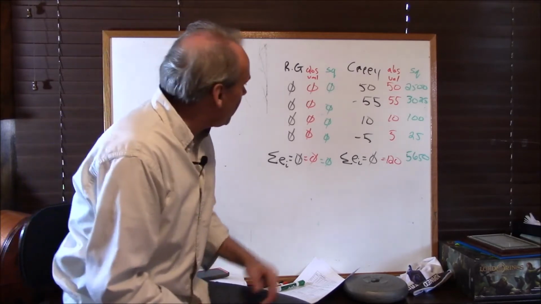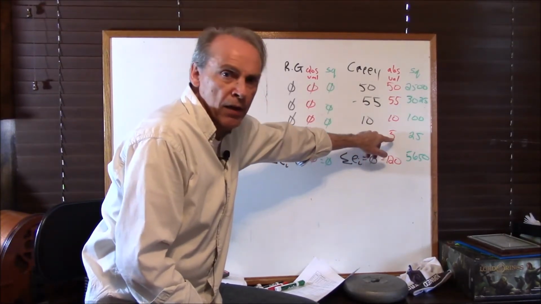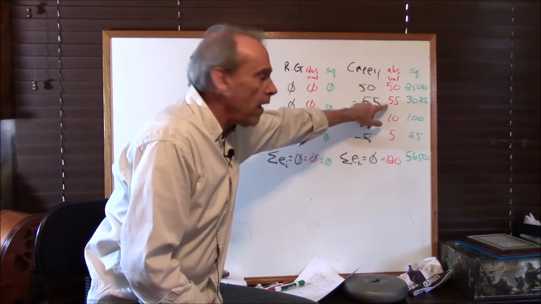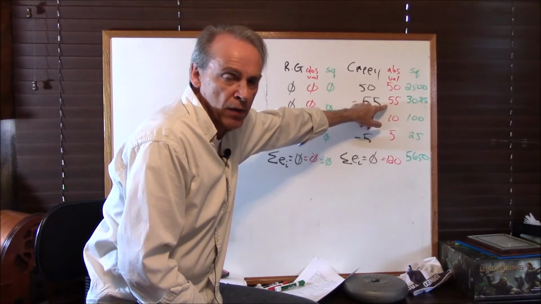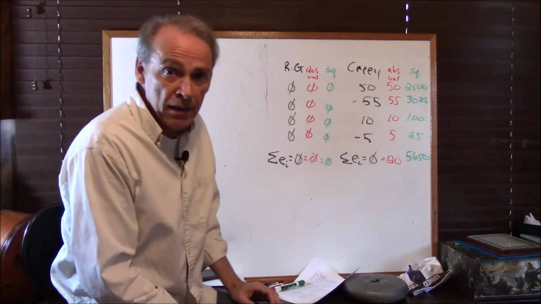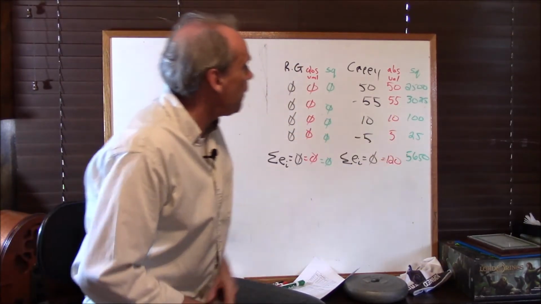Because obviously, 5 squared is 25. It's not exactly... It's 20 bigger. 55 squared is 3,025. The gap between 3,025 and 55 is much larger than the gap between 25 and 5.